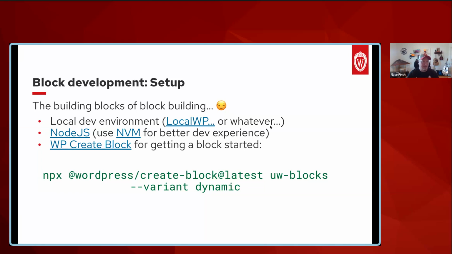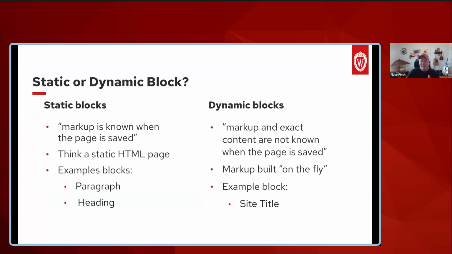But the way that you would use that is to run, because you have Node installed, you can run npx @wordpress/create-block@latest, and then you would name whatever block you're trying to create. So in this case, like UW blocks, for example. And if you are using a dynamic block, you would put in this variant dynamic, most likely. So when we were creating new blocks, this is basically what we did.